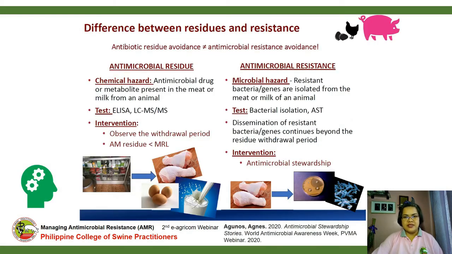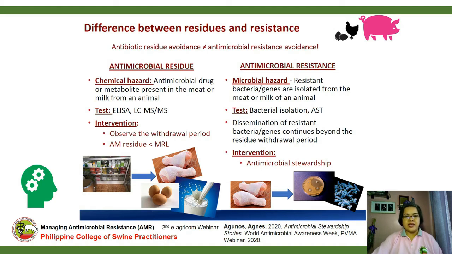Since we touched on residues, let me add information on the difference with resistance. There are misconceptions that antibiotic residues can cause antibiotic resistance. So far, there is still no data to connect the two, and we should clarify instead of spreading fear, as it diminishes the food safety assurance of animal protein producers.